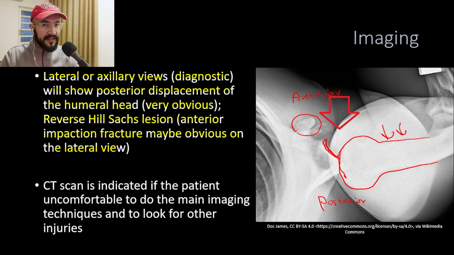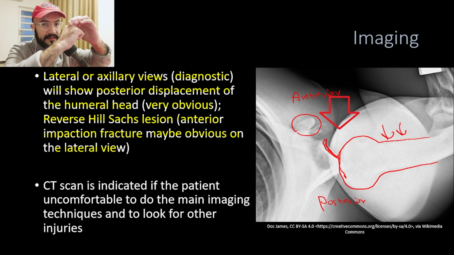Now on the lateral view X-ray, you can also see the reverse Hill-Sachs lesion, which is an anterior impaction fracture of the humeral head. Now let's say that this hand is the humeral head and the other hand is the glenoid, and let's say that this side is the posterior side and this side is the anterior side, and when there is a posterior dislocation, the humeral head would be displaced backwards, so it would go over the edge of the glenoid, which is the rim of the glenoid, like that.